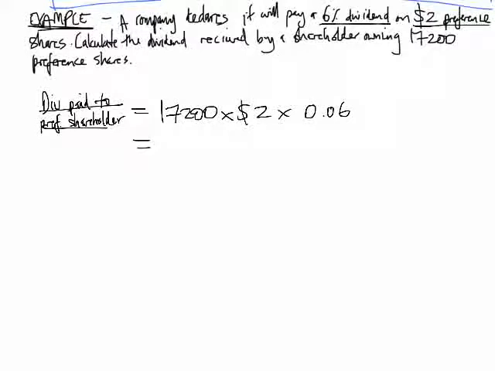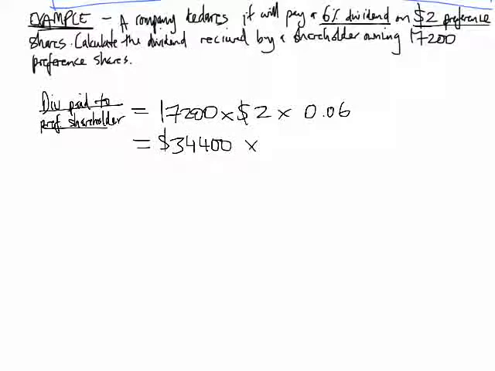So it's going to be, let me just get my calculator out, 17,200 times by 2, total par value $34,400. But the book does this weird thing making it like $0.12.